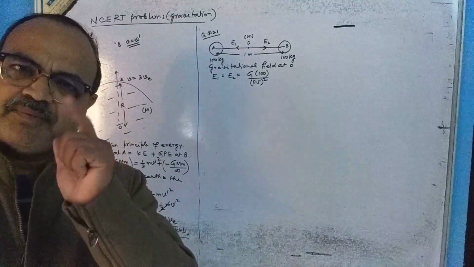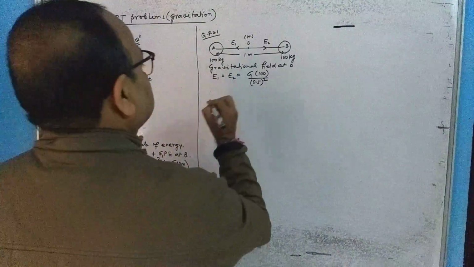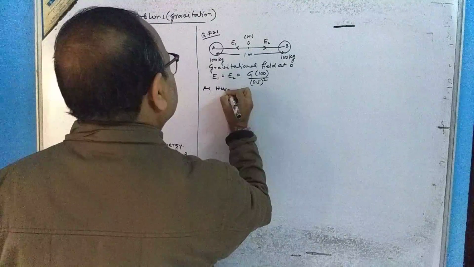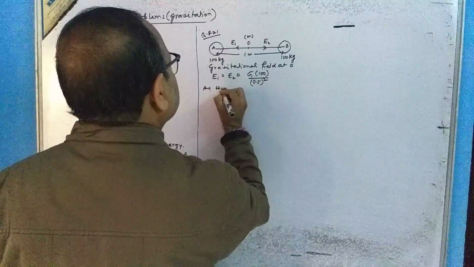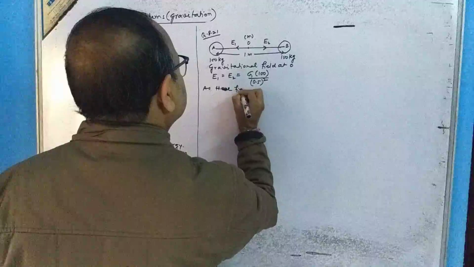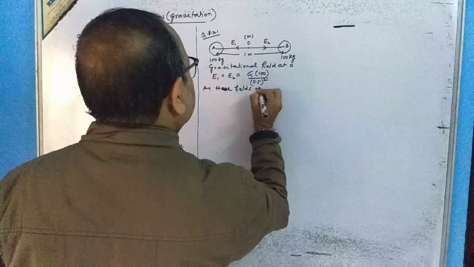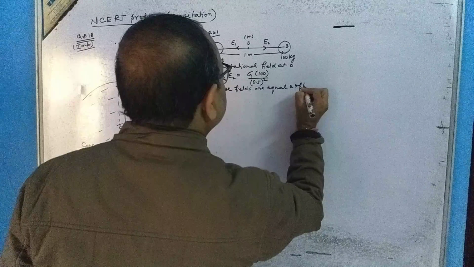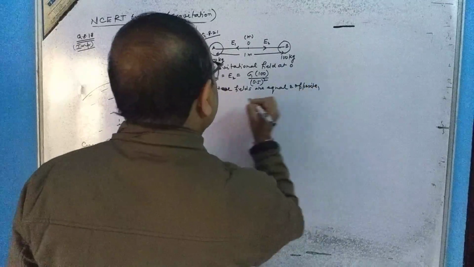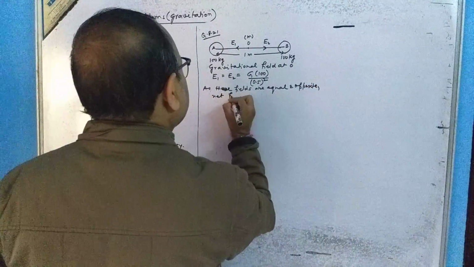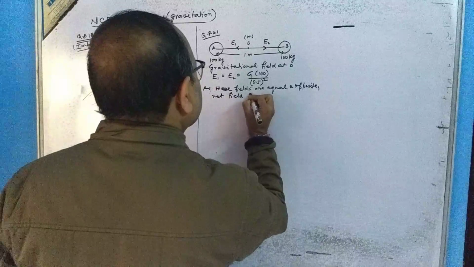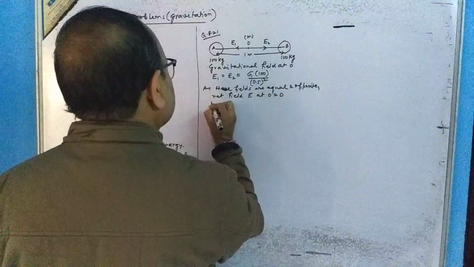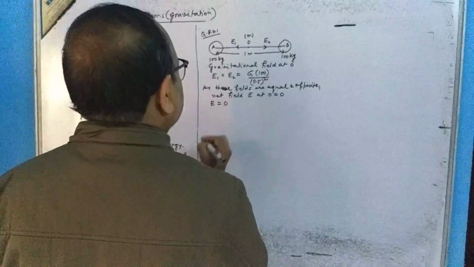I hope you remember. Right. Since these fields are equal and opposite, net field E at O is equal to 0. So E is equal to 0.